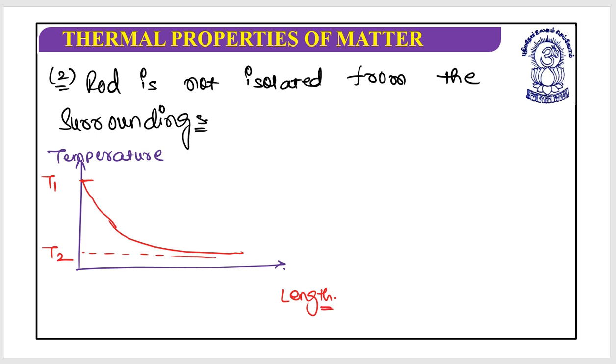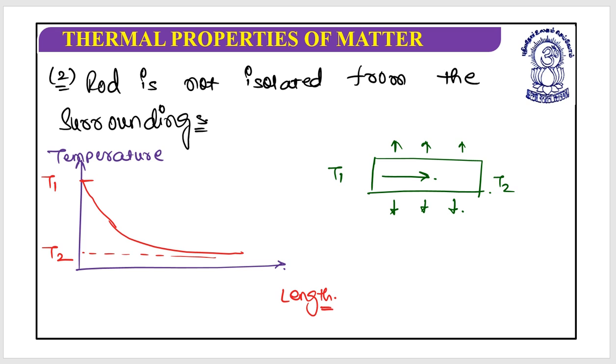So if this was the rod and this was at T1, this at T2, then energy will flow through conduction, but even radiation will be doing its part in this situation. Its temperature would be decreasing in a non-uniform way. I hope this is clear.